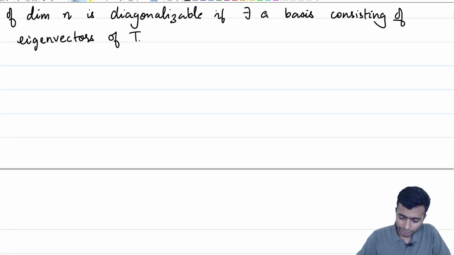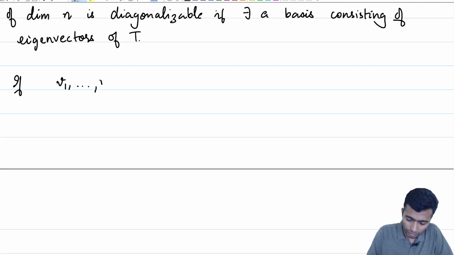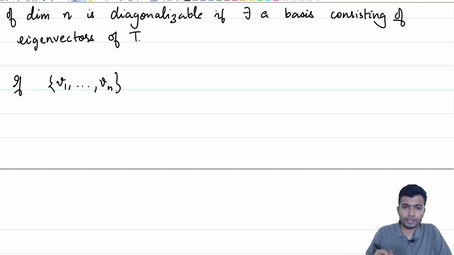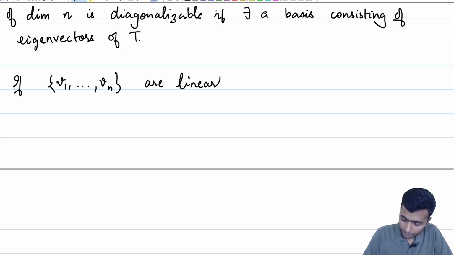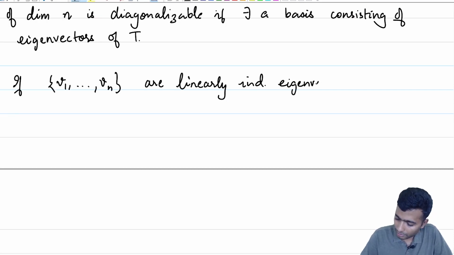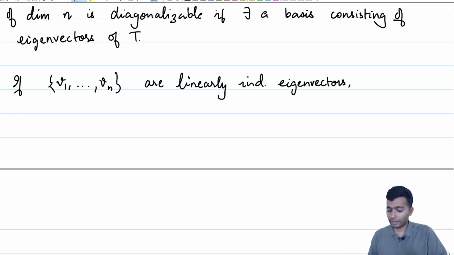So, in particular, if v1, v2 up to vn are n linearly independent eigenvectors, any linearly independent set of size n should necessarily be a basis in a vector space of dimension n, and hence this will turn out to be a basis.